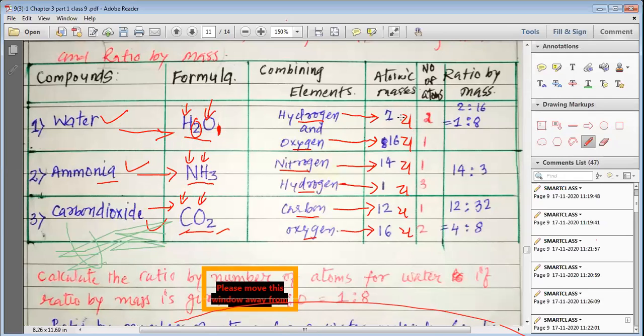So hydrogen has two atoms and oxygen has one atom. But the mass is 1 is to 16. For one atom, the mass is 1, but here we have two atoms, so the total mass is 2. The total mass of one atom of oxygen is 16.